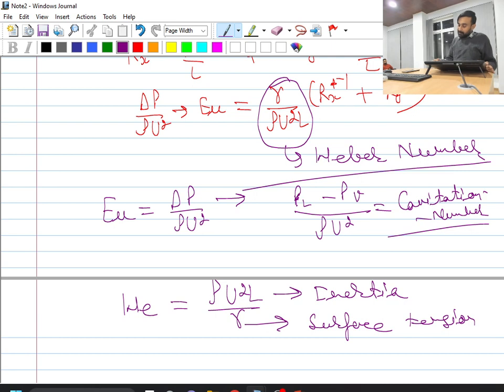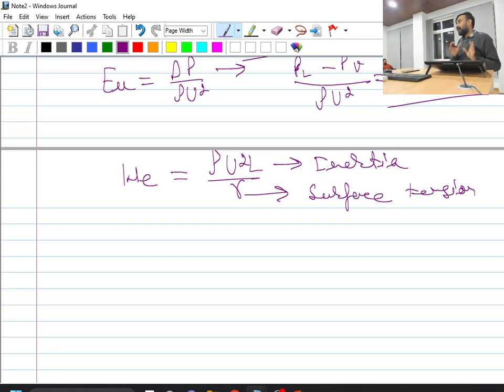Likewise, till now I have only considered the Navier-Stokes equation, and for a certain set of conditions I tried to obtain the dimensionless parameters. But other than these, I can have a large number of dimensionless variables. For example, if I talk about compressible flow, then an important dimensionless parameter is the Mach number.